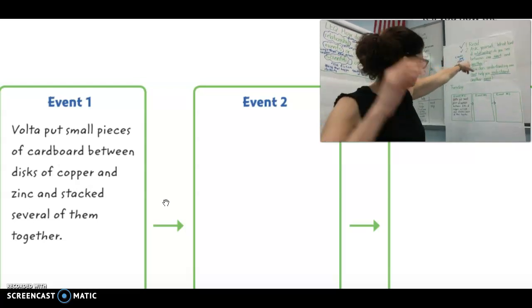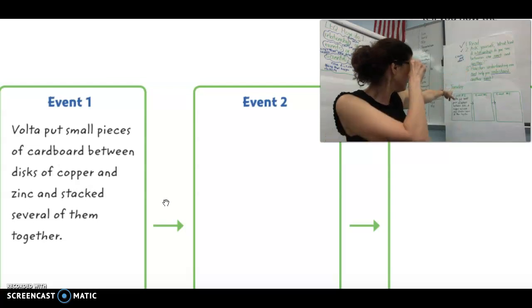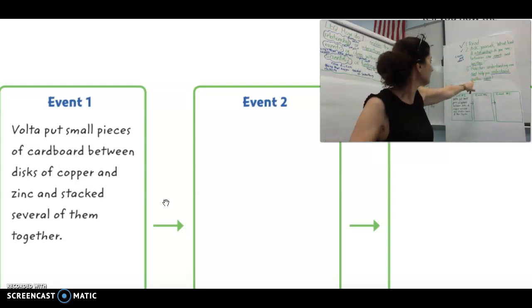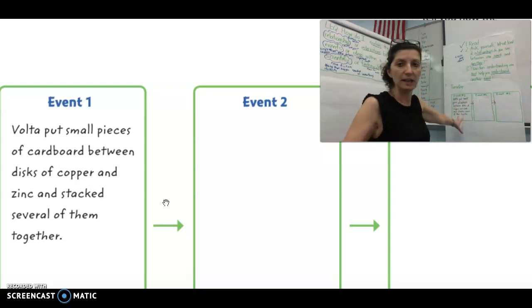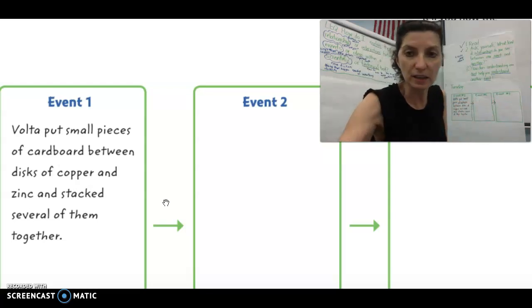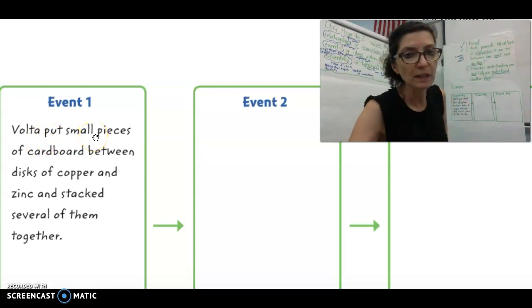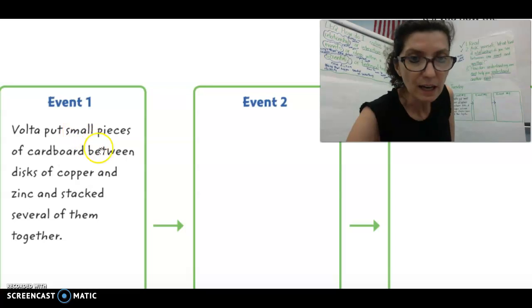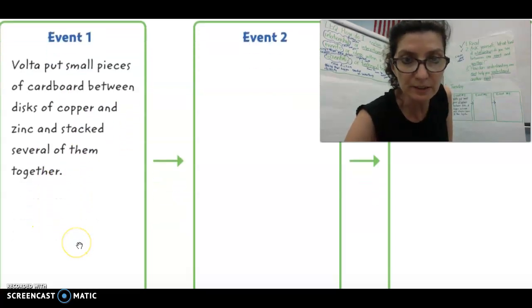We asked ourselves, what kind of relationship do you see between the events and another? And how does understanding one event help you understand another event? So we have this event in our graphic organizer in the book. They wrote down, and which I wrote there, Volta put small pieces of cardboard between the copper and zinc and stacked several of them together.